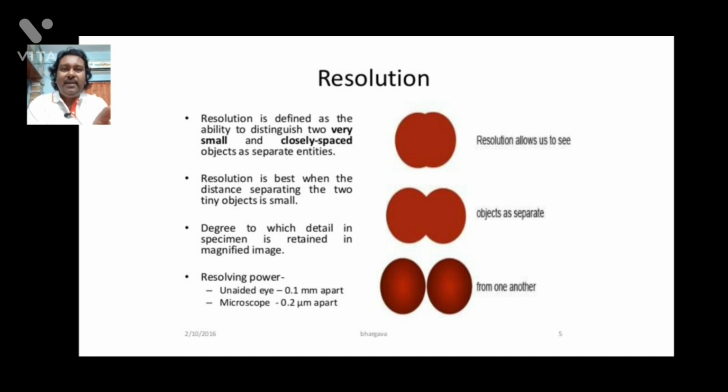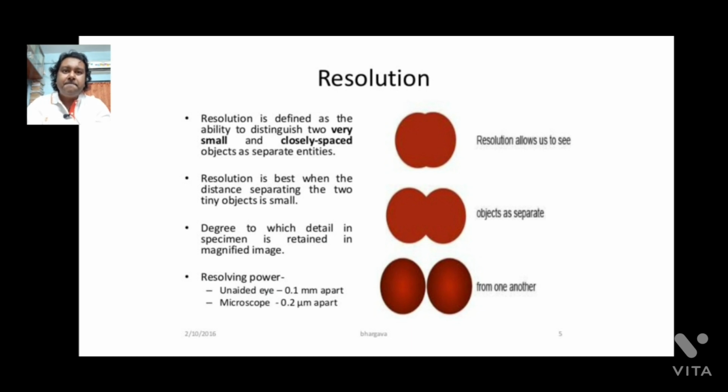In the bottom of the diagram, two circles are there. They are separated by some distance. It can be resolved by our naked human eye. Our naked human eye can resolve 0.2 millimeter, that is 200 micron.